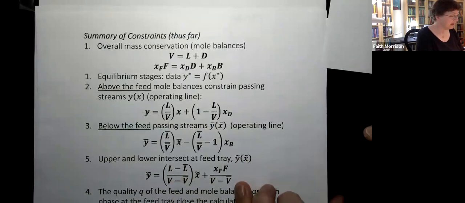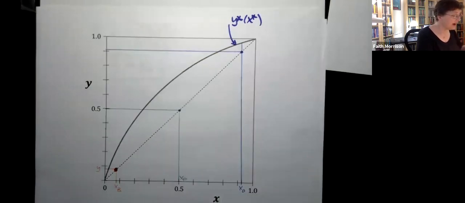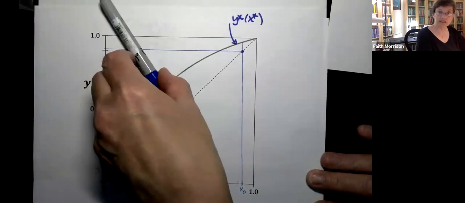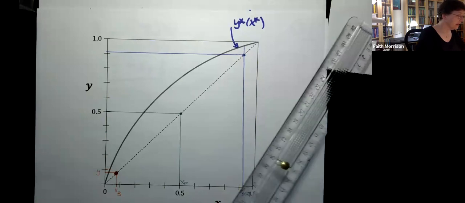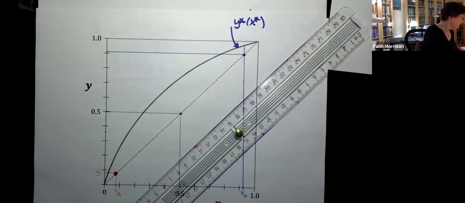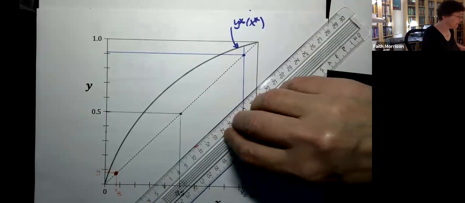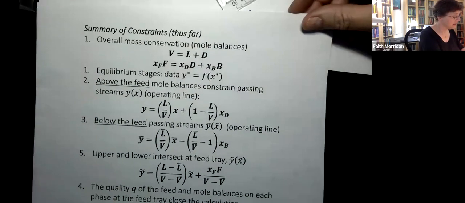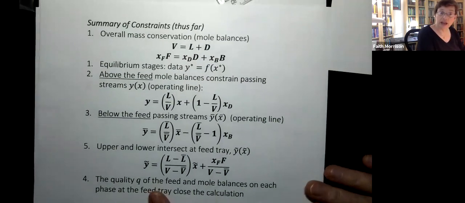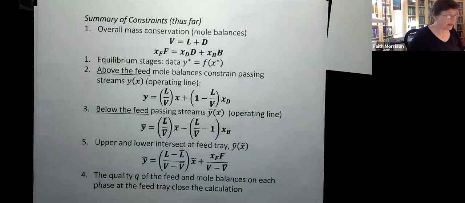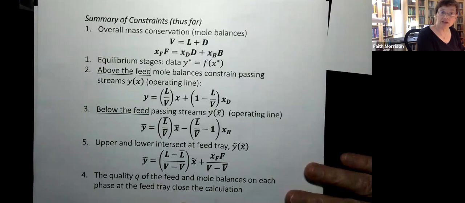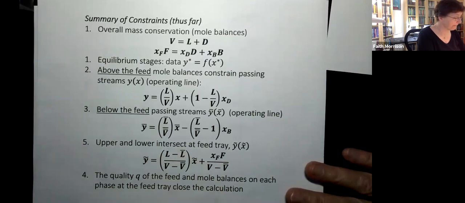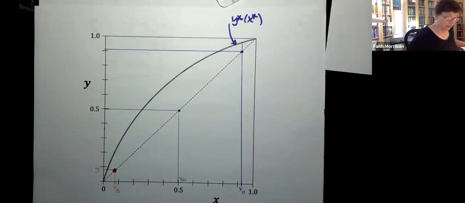And we can get the third kind of line that helps us to decide the condition of our column. So just going back here to our summary of constraints, the quality of the feed, we've now defined it, but we can also use that to determine the slope of the Q line. Here's the Q line. So we're quite a ways along here.